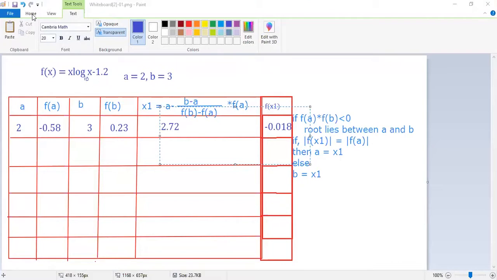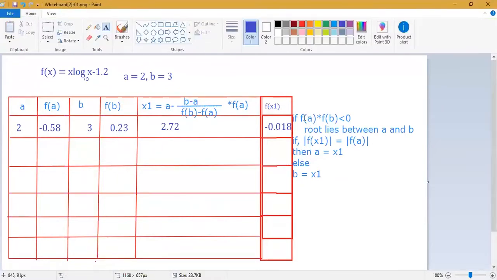Now, on the right hand side I have written: if fa into fb is less than 0, then the root lies between a and b. Here fa is minus 0.58 and fb is 0.23, so fa into fb is clearly less than 0, so the root will lie between a and b.